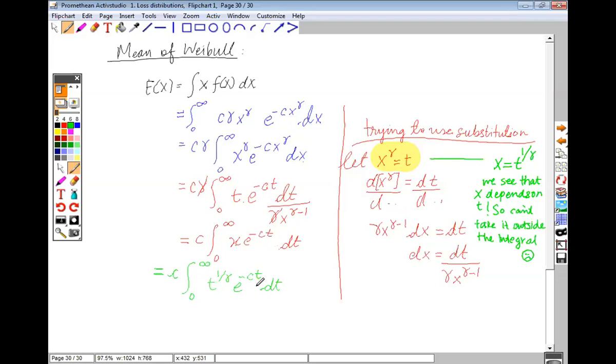I don't know, to me it looks like a gamma distribution, kind of gamma distribution. So let us try to open our booklets. Let's see what's in there.